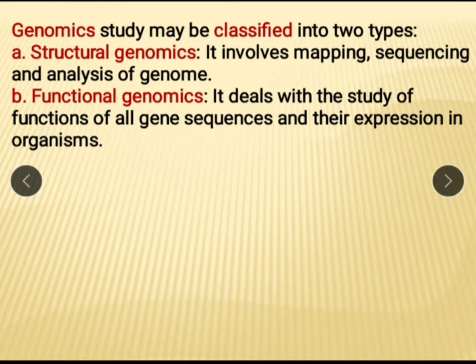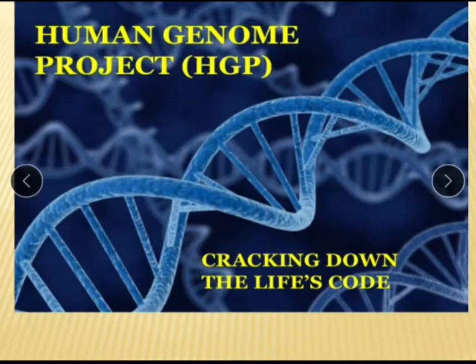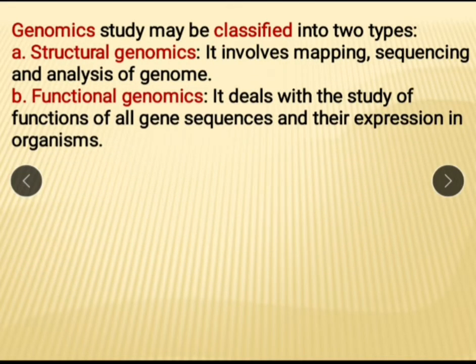Genomics classification: two types. Structural genomics involves mapping, sequencing and analysis of the genome. See here, mapping, then sequencing of nucleotides is done in structural genomics. And in functional genomics, the function of all gene sequences and their expression in the organism is studied.